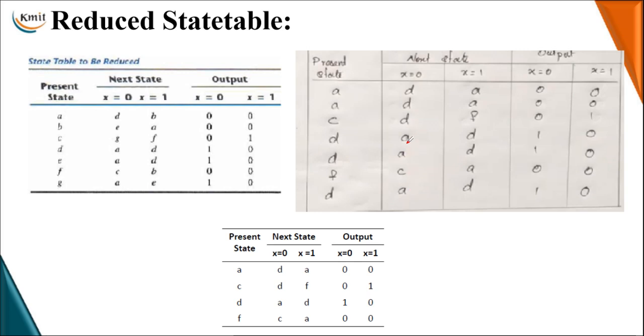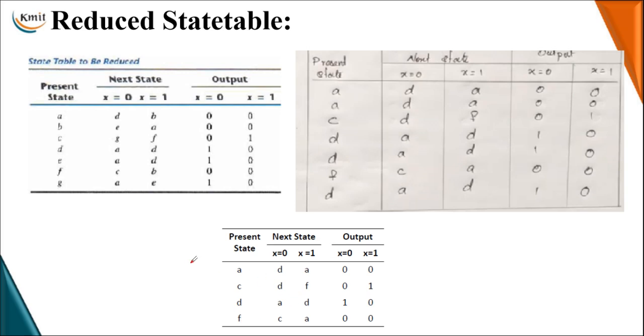Output X equal to 0 here is A, and for G also it is A. Next D, D, D, 1, 1, 1, 0, 0. Hence these states are replaced with unique states as A, C, D, F.